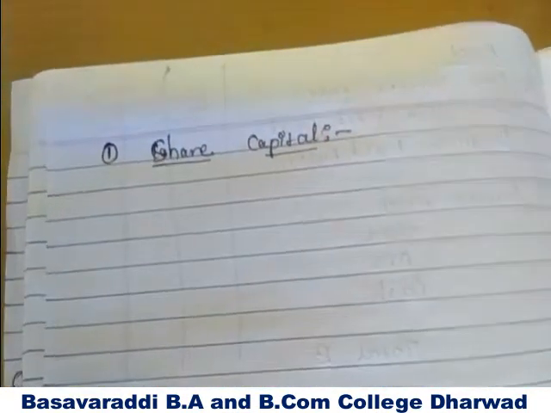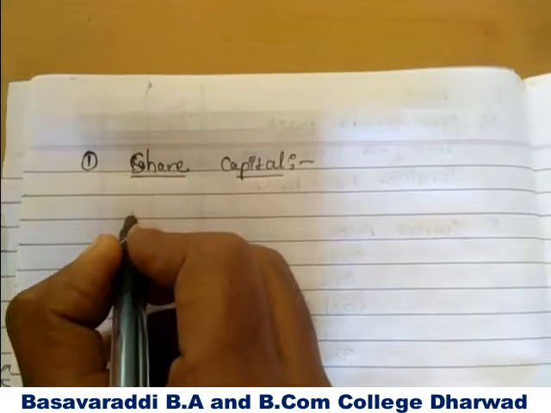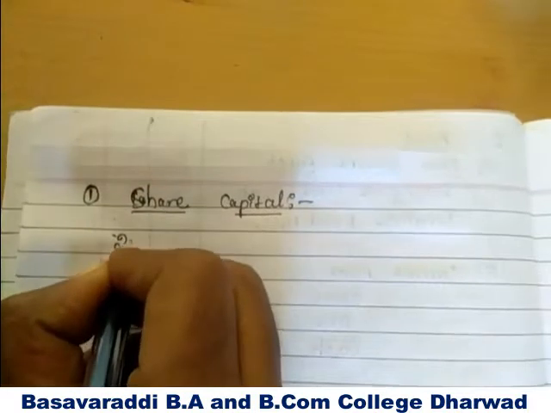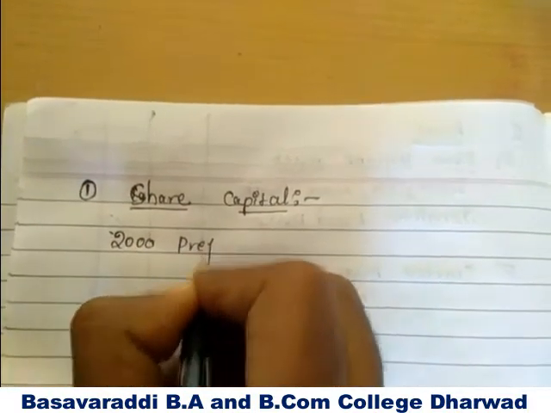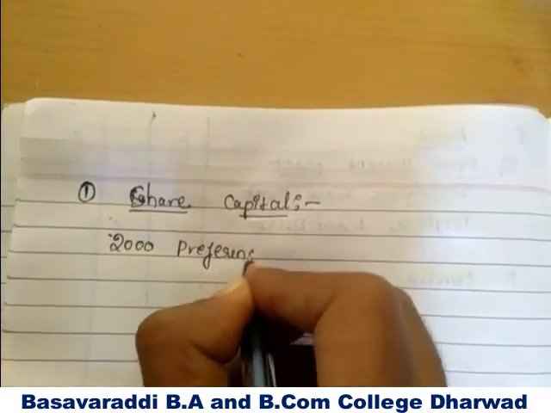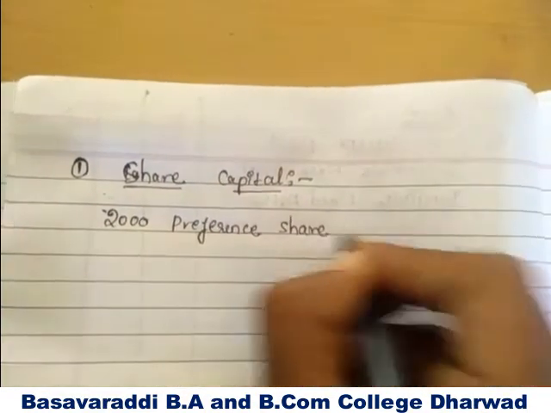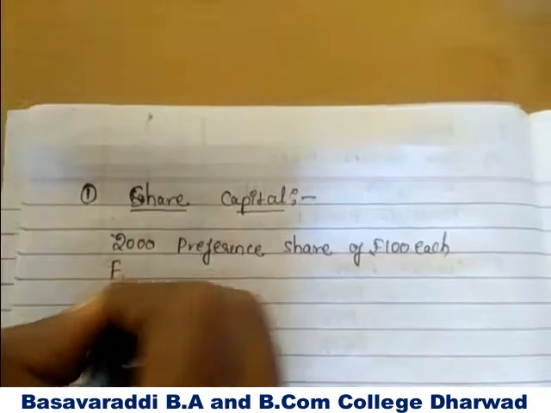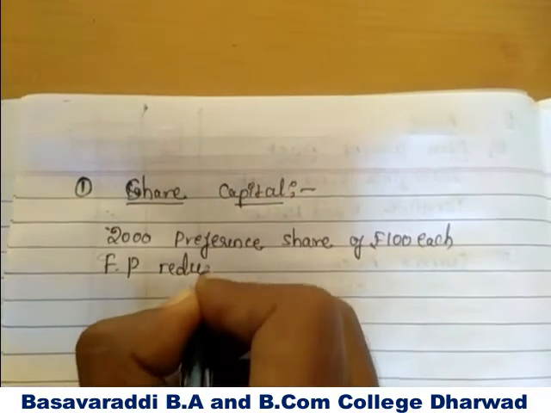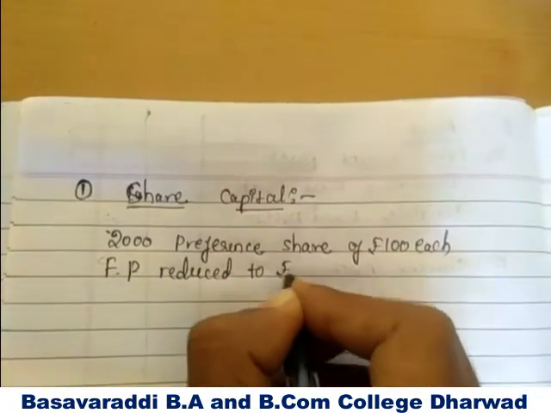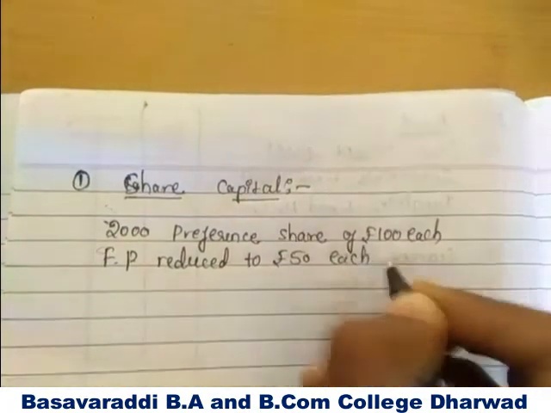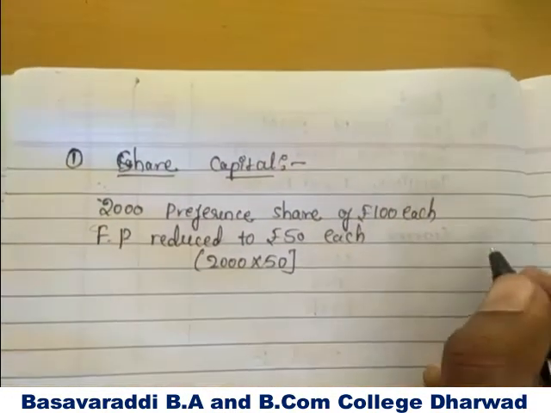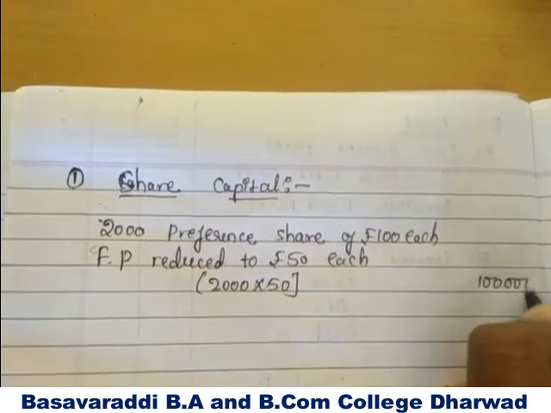In share capital, we have to write first 2000 preference shares of rupees 100 each, fully paid up and reduced to rupees 50 each. 2000 into 50 is equal to how much? 1 lakh rupees.